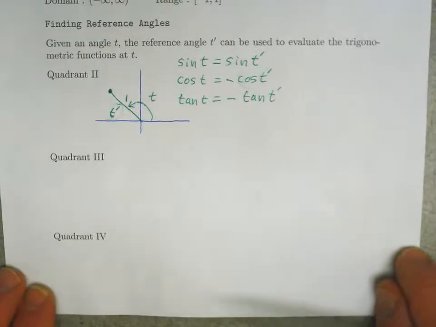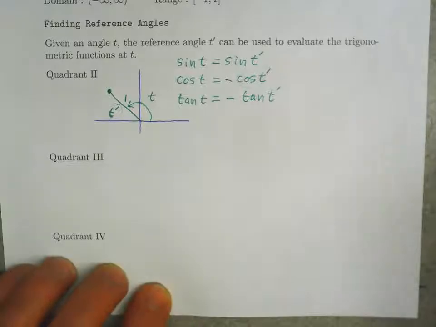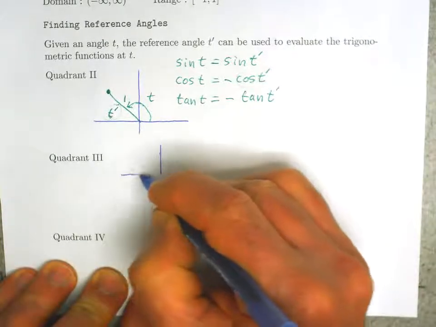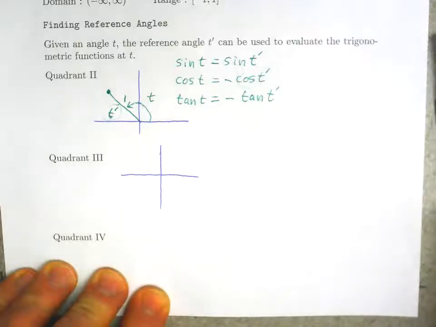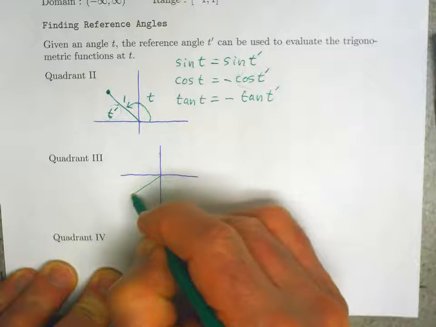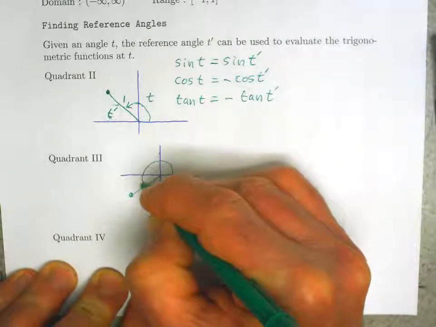Okay, well, what if we have a central angle in the third quadrant? So a central angle in the third quadrant. So here's our value of t.